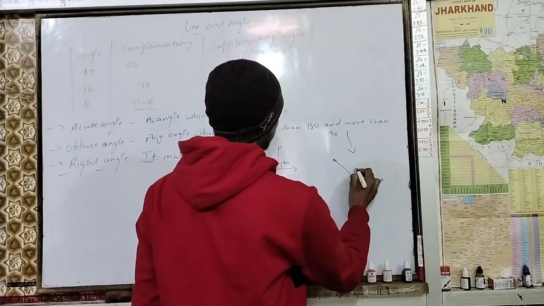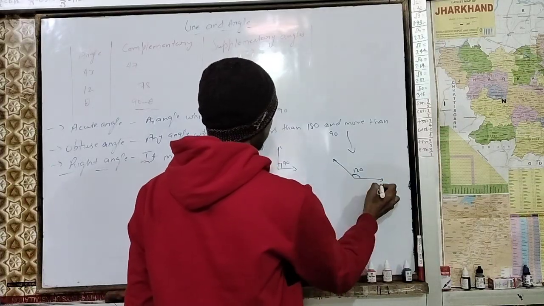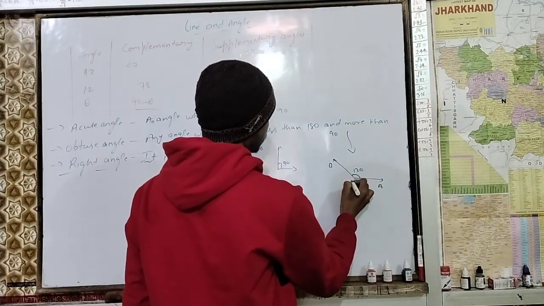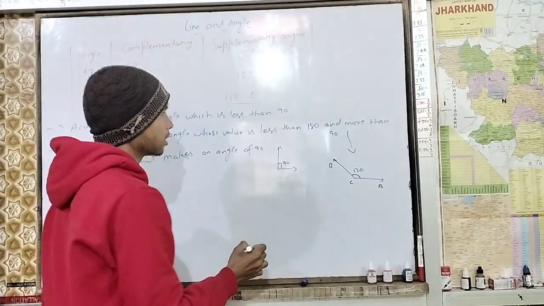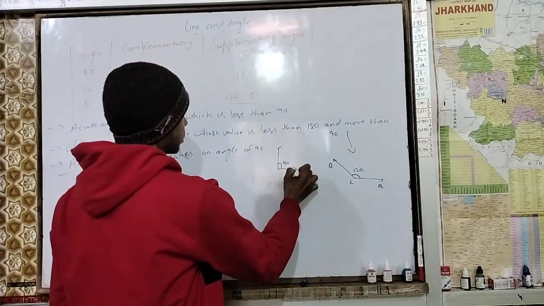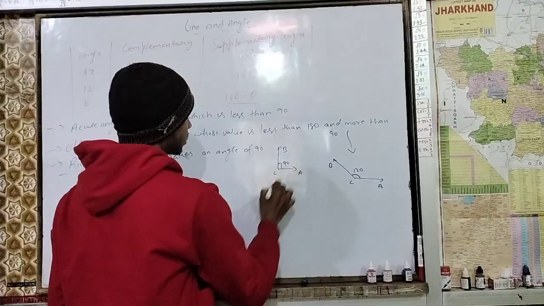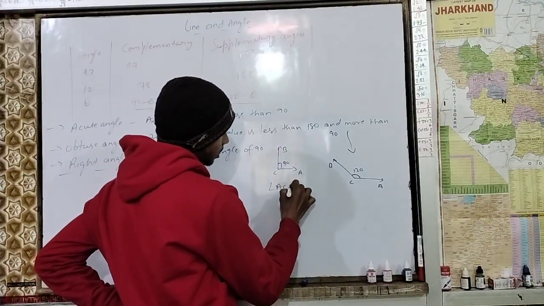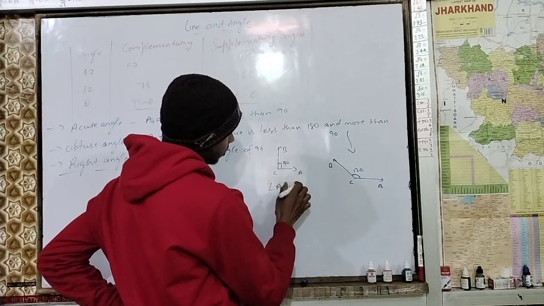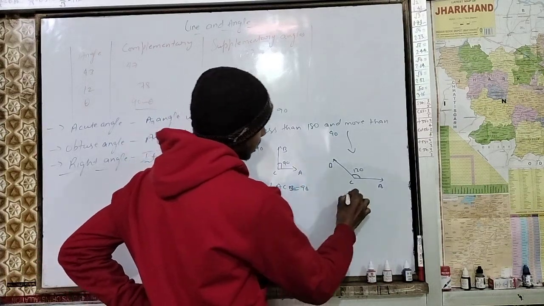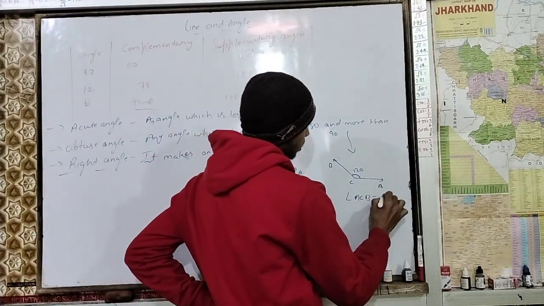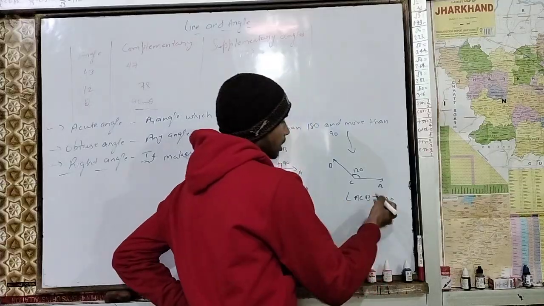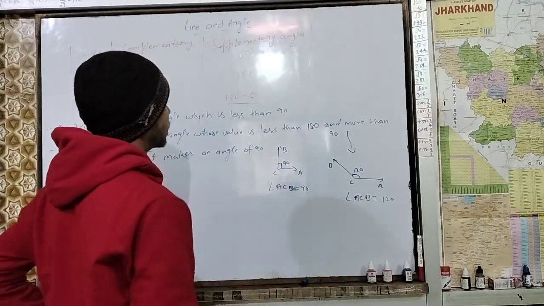Let's say it is 120. A, B, C, the common vertex. You can write angle ACB. Here A is 90 degree. Angle ACB over here is 120. This is our obtuse and this is our right angle.